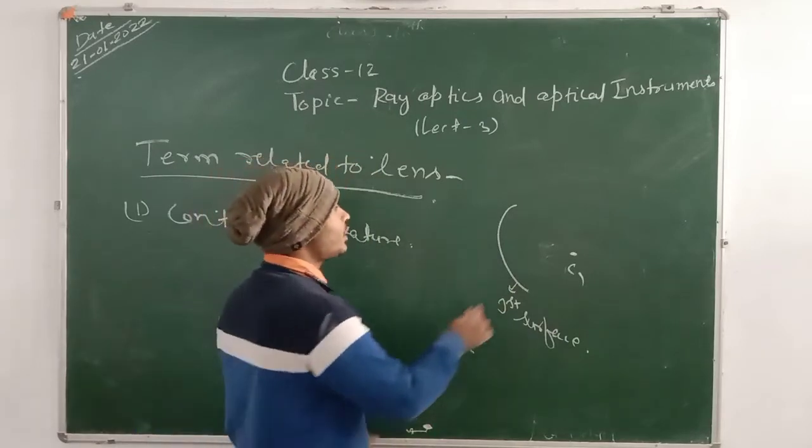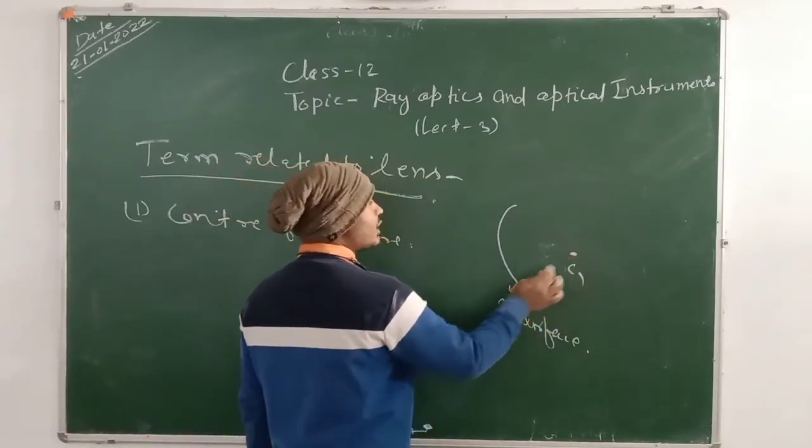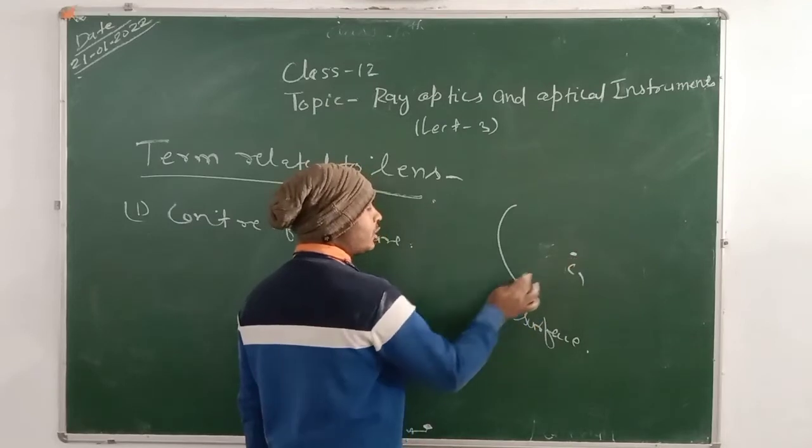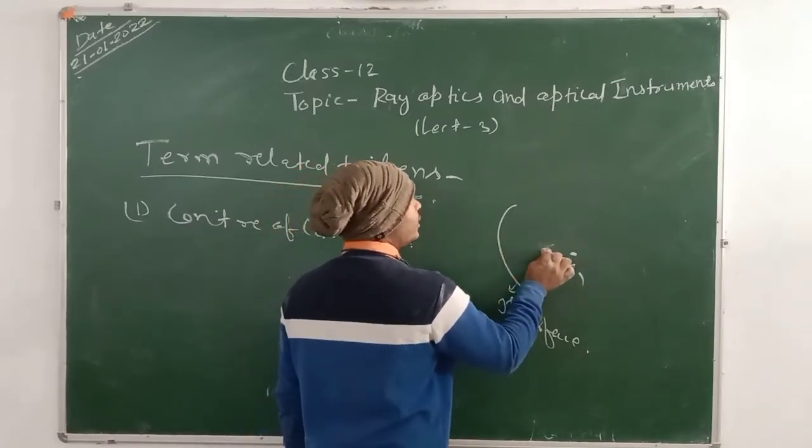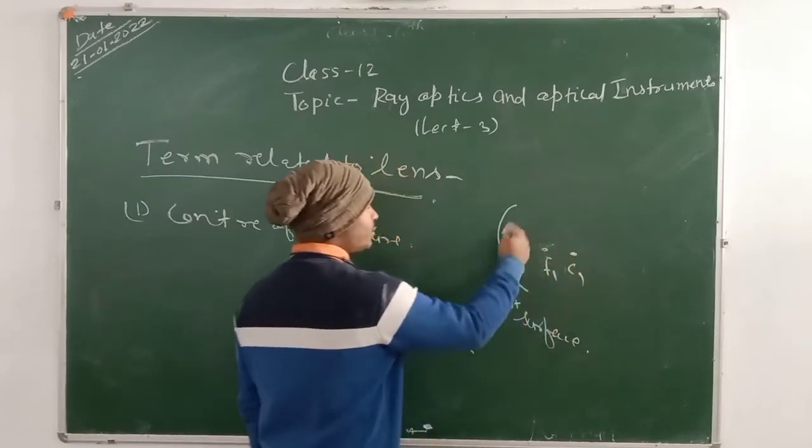So it is C1, the center of curvature for the first surface, and there is a focal point. It is known as F1 of this first spherical surface.